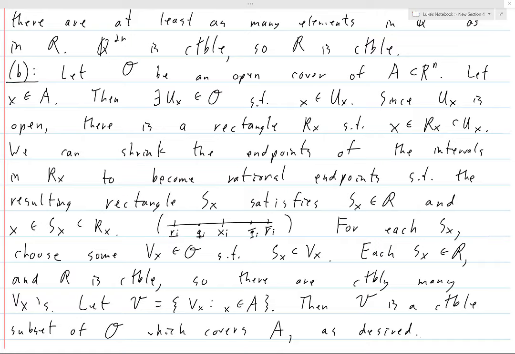And so this ends up being related to a lot of important definitions and ideas in point set topology, specifically a set being separable. We say that a topological space is separable if it contains a countable dense set.